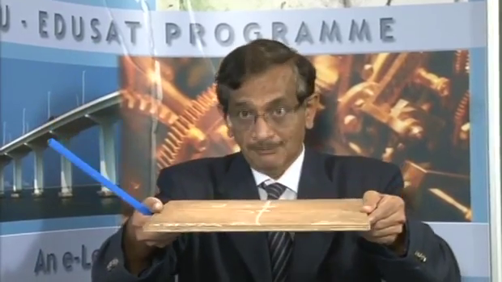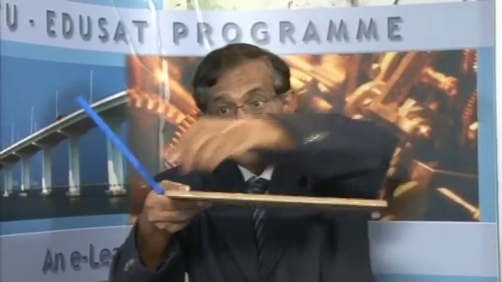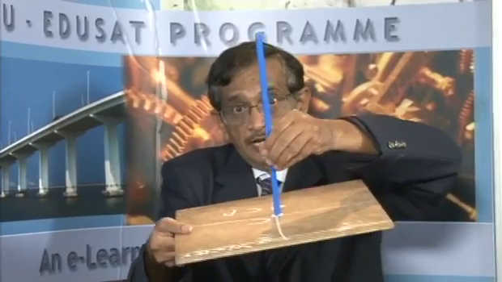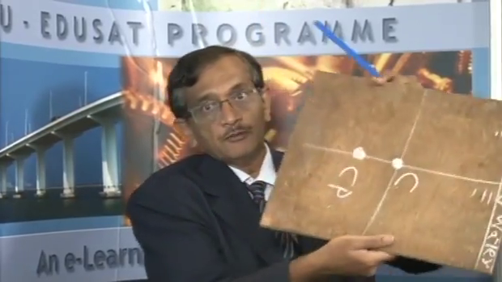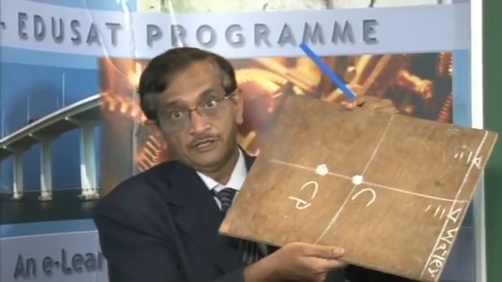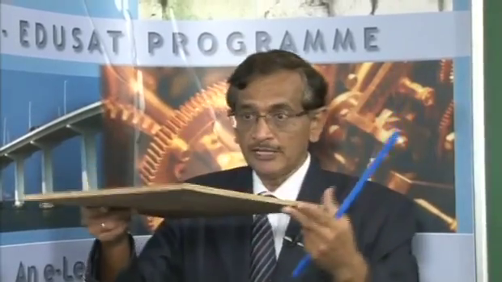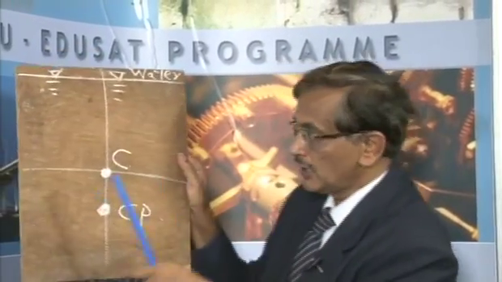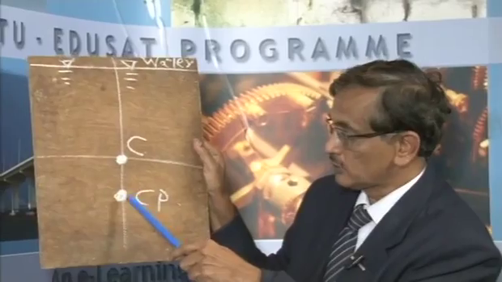So we are going to estimate on a vertical gate like this, which is totally different from the horizontal gate. In the horizontal case, the pressure was the same everywhere, so the force was acting at the center, and the centroid C and center of pressure CP were both coinciding. But the moment I lift it to vertical, you can see the point C is shifted to CP.